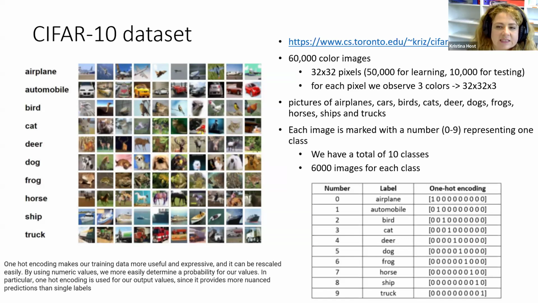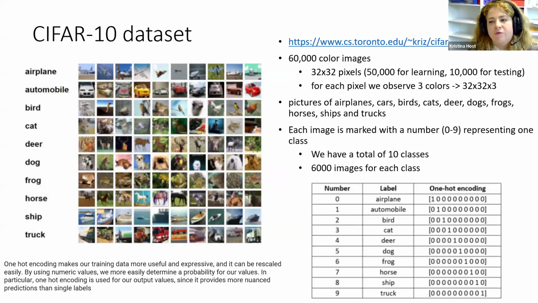So what does this dataset look like? We have 60,000 colored images that are 32 by 32 pixels, and they are divided into sets. We have a training set that is used for learning, and a testing set on which we test the performance of our model at the end of training.